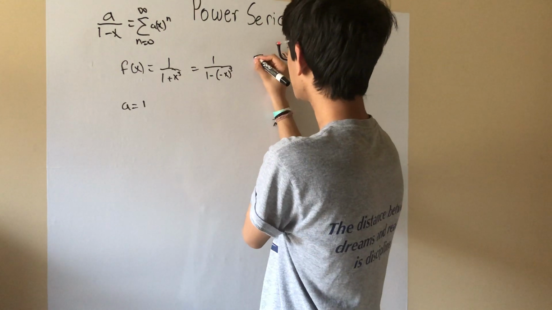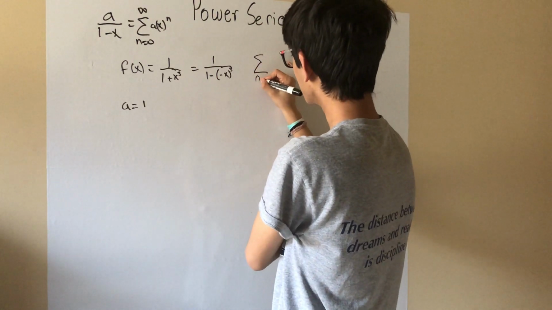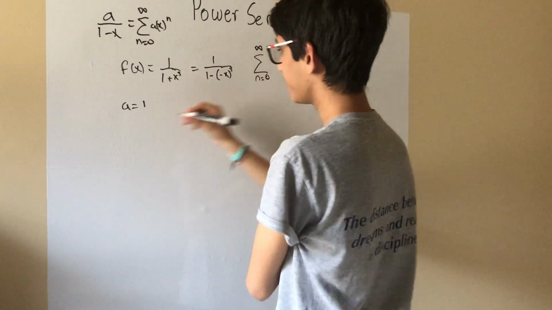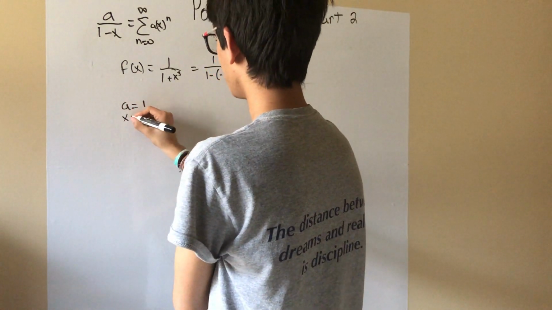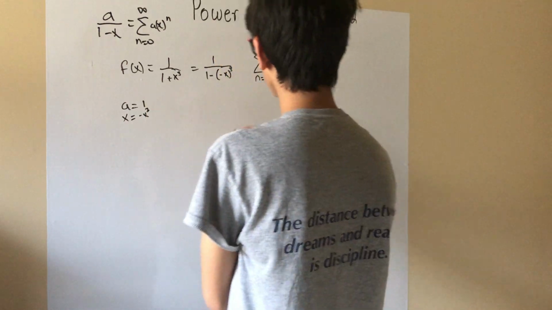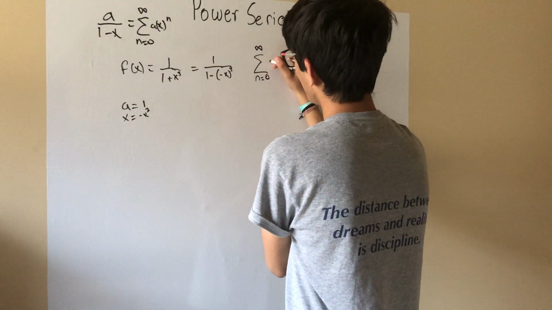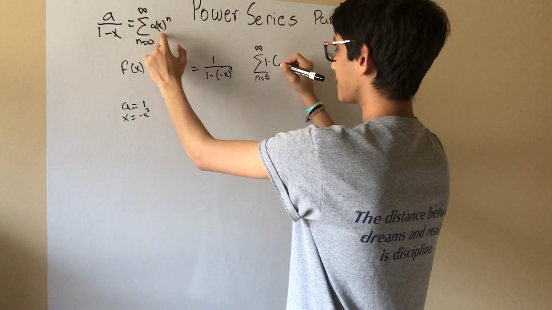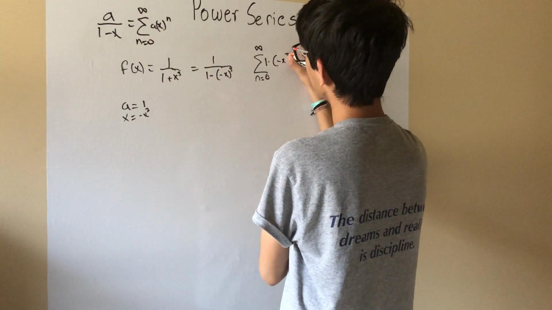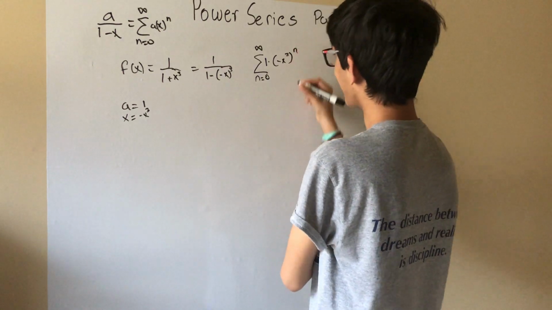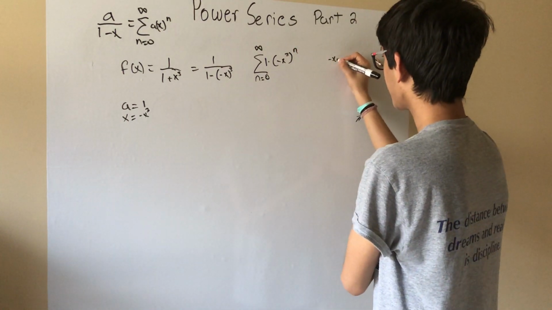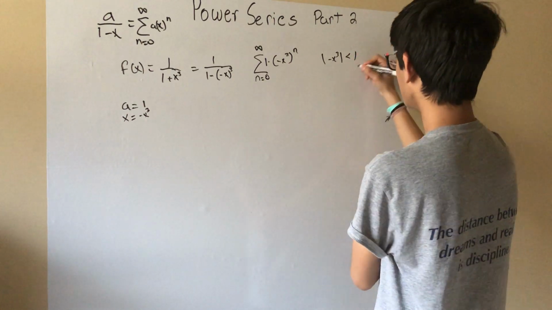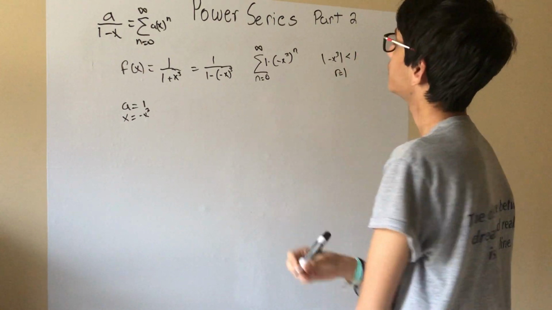So now you can rewrite this as the sum from n equals 0 to infinity with the a value, and we can do x equals negative x cubed. And now the a value is equal to 1 times the x value here, which is negative x cubed, to the n. And we know that negative x cubed, the absolute value, has to be less than 1, so then the r value equals 1.